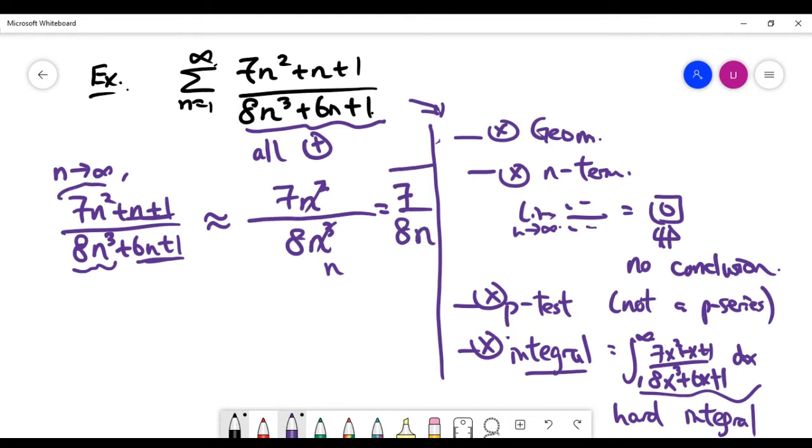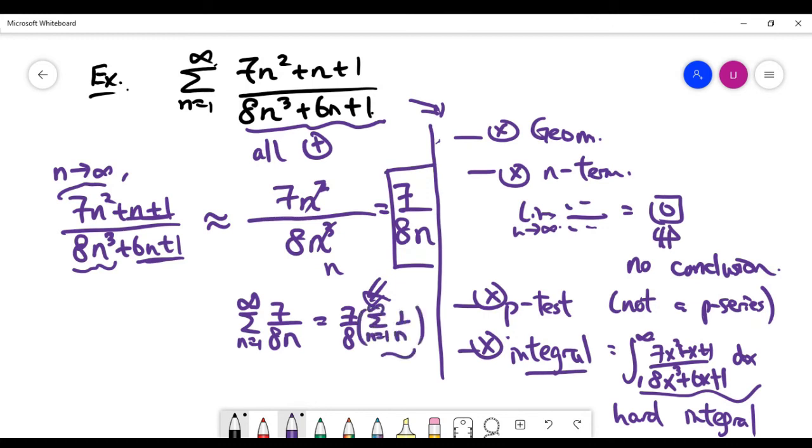By the comparison test, we have to check what happens to this infinite series of 7 over 8 times n. We can pull out the common factor 7 over 8 in front of the summation of 1 over n. We have seen this so many times. It is a harmonic series, the p-series where p is 1.